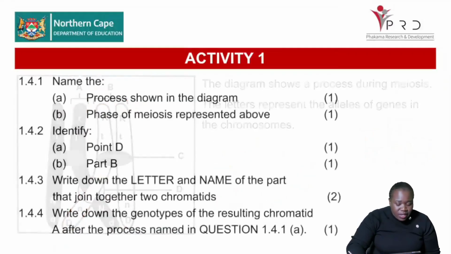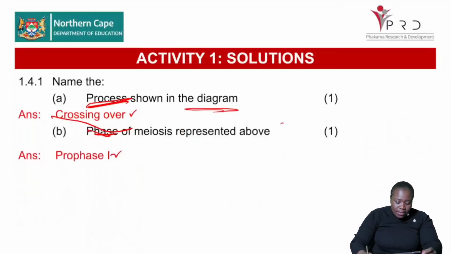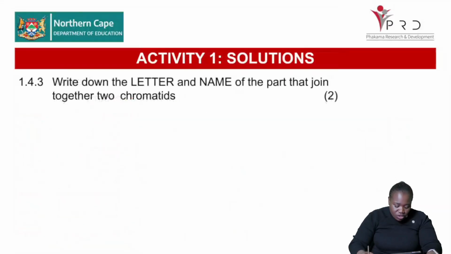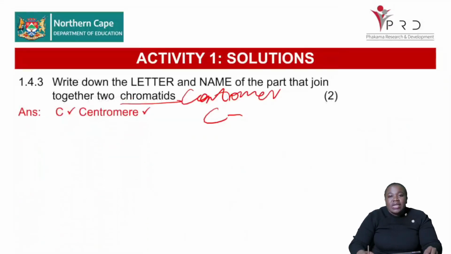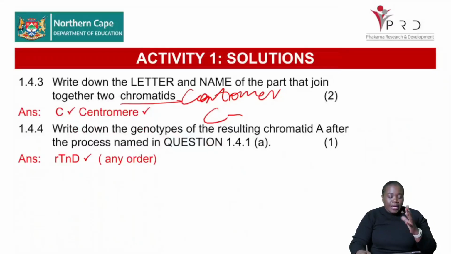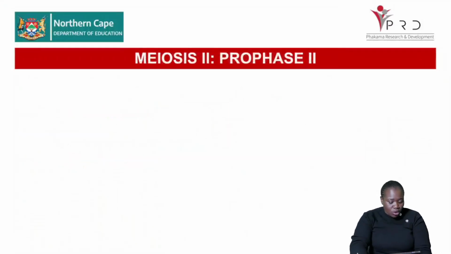So it is the small letter R, capital letter D part. So that is very important for you to understand that as these cells undergo crossing over, they are going to exchange genetic material. And this will be from the point of chiasma, whereby they have overlapped and exchanged genetic material. So this is how it would look like.